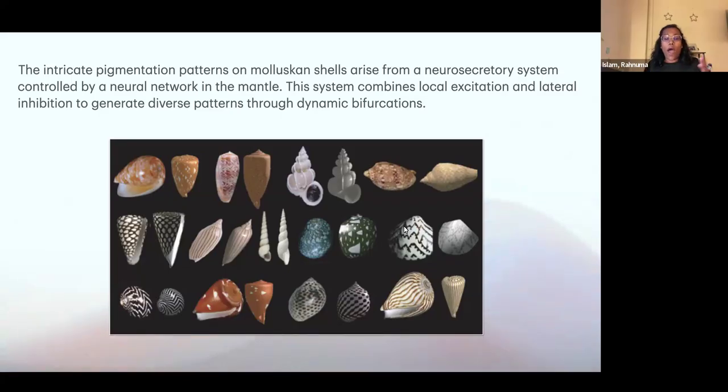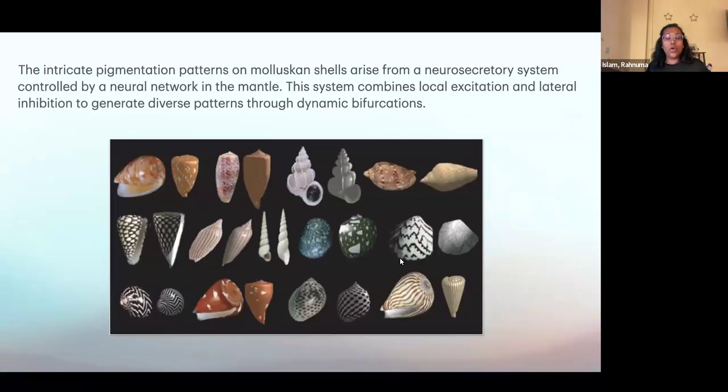These create a wide variety of pattern formations, as you can see in those pictures. Some are spots, some are waves, there are also checkerboard patterns, and some are more complicated patterns we can see in those mollusk shells.